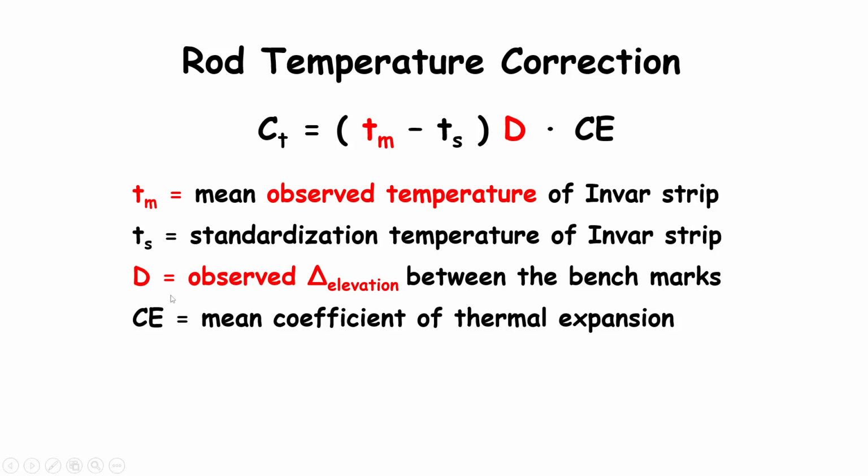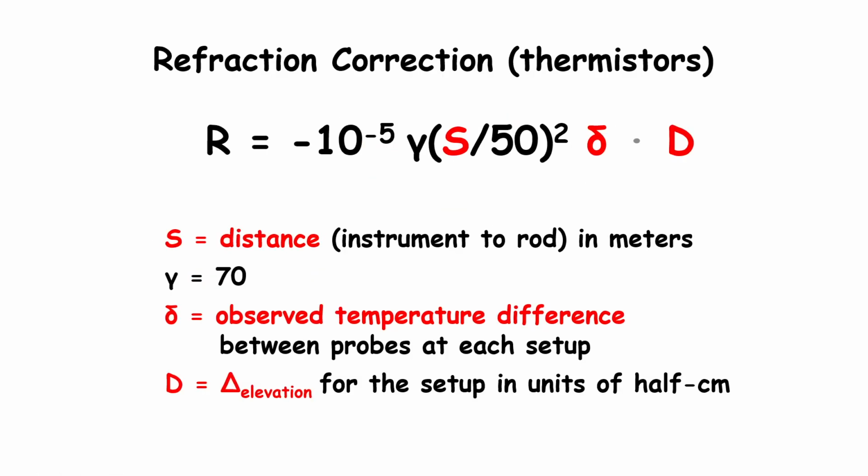Here you can see the equation with mean observed temperature of invar strip, standardization temperature of invar strip, observed elevation difference between the benchmarks, and mean coefficient of thermal expansion. So we use these coefficients to make our measurements more precise.